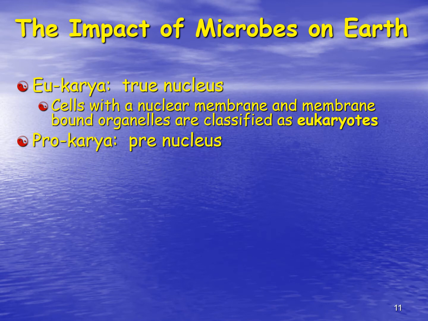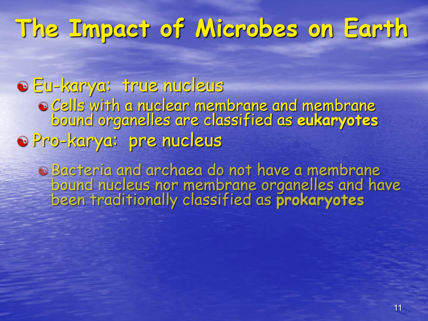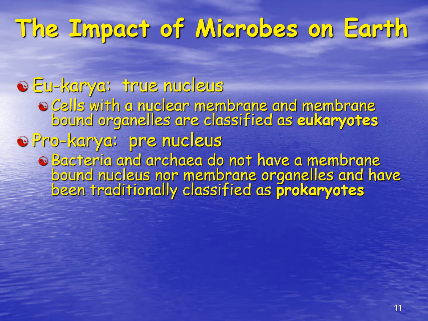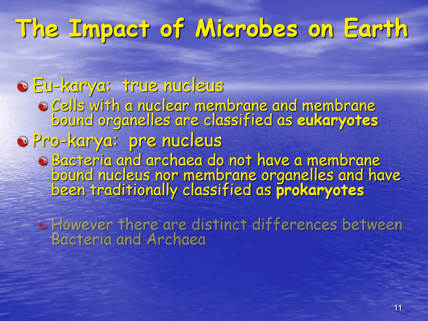Pro means before or pre, and so a prokarya has a pre-nucleus, or in other words, their genetic material does not have a nuclear membrane, nor do they have membrane-bound organelles, and these have traditionally been classified as prokaryotes.